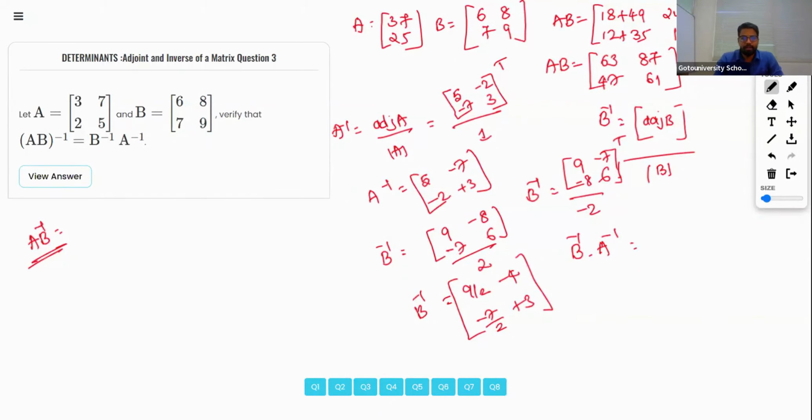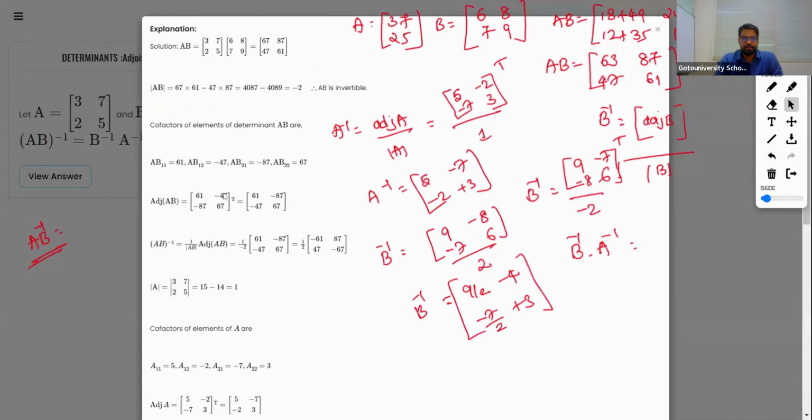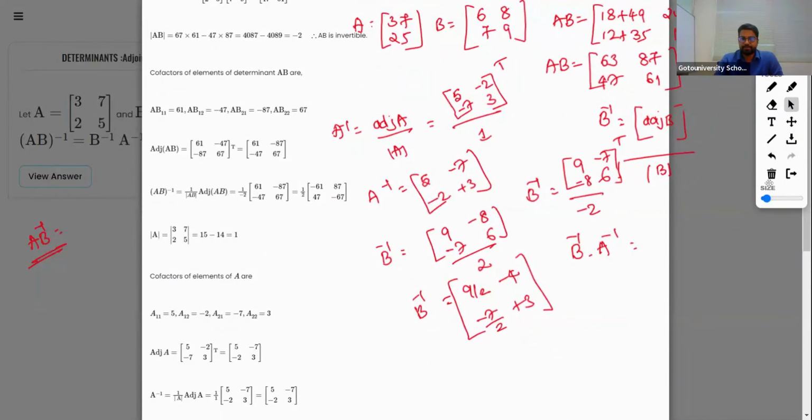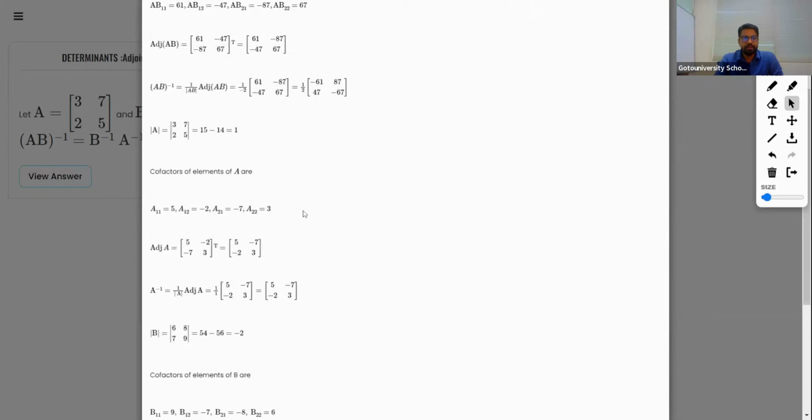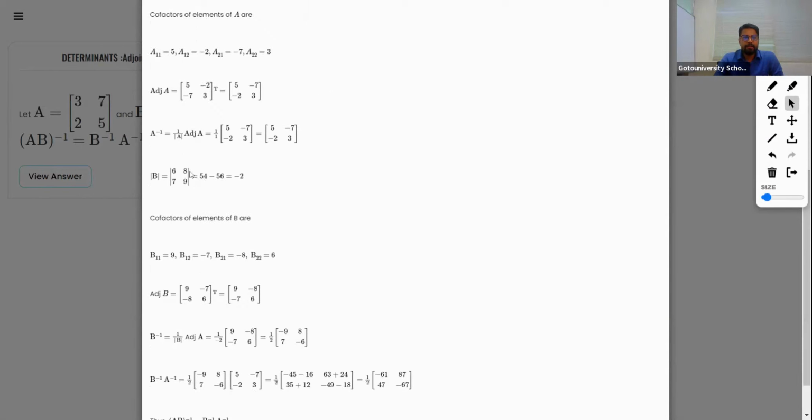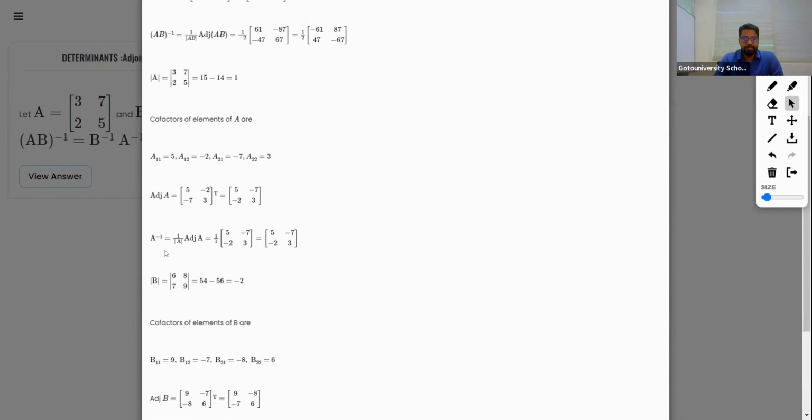So far we have got B inverse individually and A inverse individually. Then we'll see the product in the solution. I can erase this, right? Yes. See, the process has become very tedious. There's A inverse we just found: 5, minus 7, minus 2, 3.